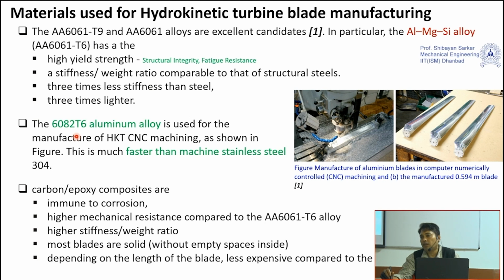They are selected for their immunity to corrosion, higher mechanical strength, and higher yield strength. For this particular reason, that has been selected. But again, the manufacturing cost is higher, but we will get a very precise blade profile, so that it can generate a higher amount of performance.